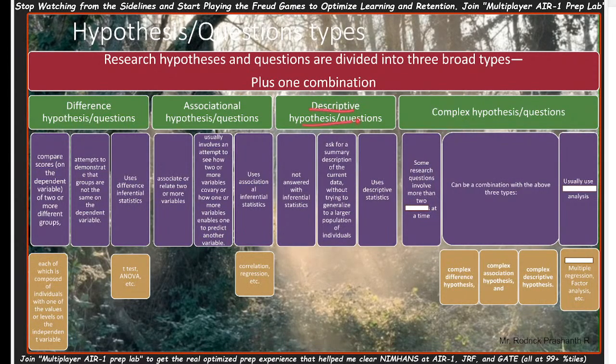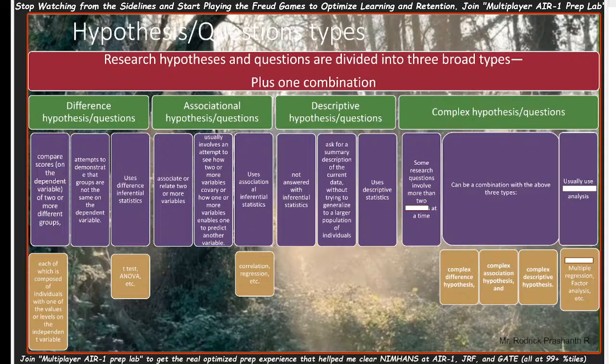You can say a particular diagnosis, maybe autism, is high among males, or is prevalent at so and so percentage among males. That would become a descriptive hypothesis. But if you say autism is higher among males compared to females, then it becomes a difference hypothesis. So we just use descriptive statistics for a descriptive hypothesis.